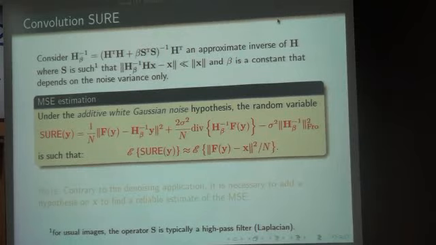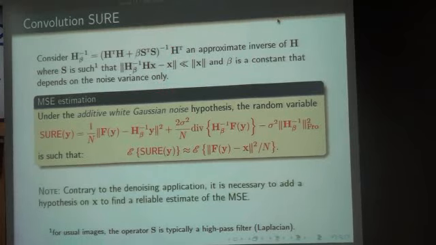So we need a kind of hypothesis on what we want to find. It's not completely surprising, because the operation H may eliminate completely some information, so we need to care for something like that.